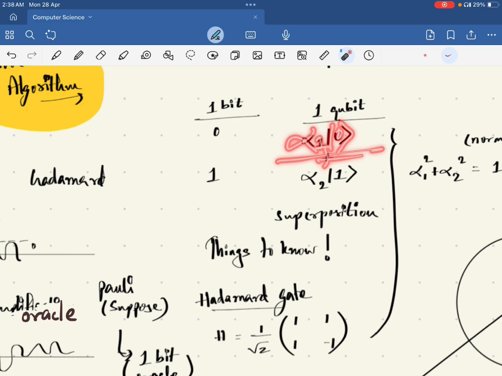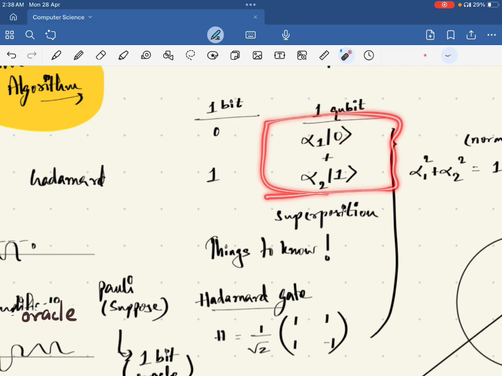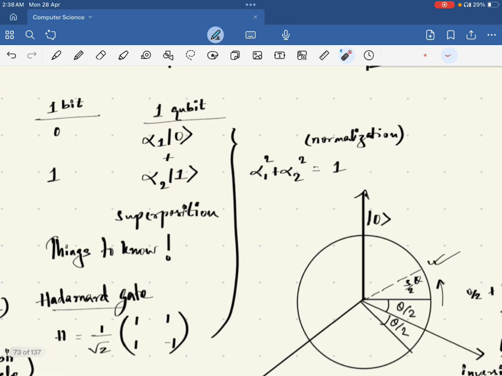It is also called a superposition, where a superposition can have n number of these coefficients, where the only necessity is that all these coefficients should sum up to 1, which is the norm, because we know probability cannot be greater than 1.